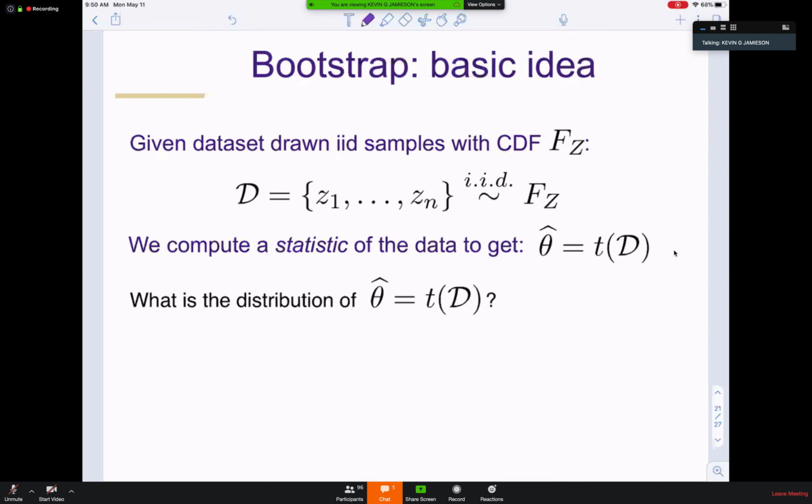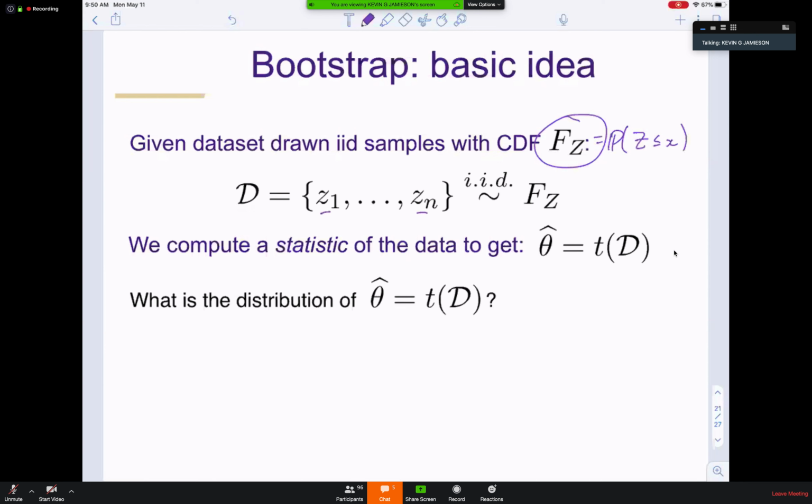Okay, so abstractly, what are we doing? We have IID data, and abstractly, I'm just saying we have data Z1, ..., Zn. Each Zi has a distribution F sub Z, and you can think of this as a CDF, right? This is the probability that Z is less than or equal to x.